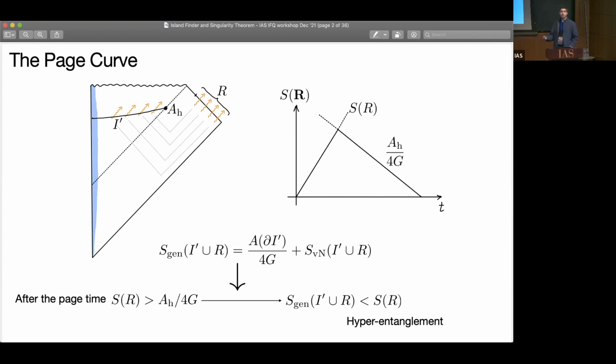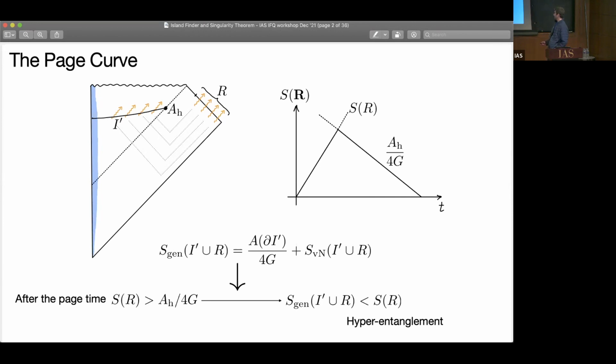Now, one way to state what's happening here is that after the Page time, the interior of the black hole, region I prime, has entanglement in the semi-classical state with the radiation that exceeds the area of its boundary divided by 4G. When that happens for region I prime, I call the region hyperentangled. A convenient way to express the hyperentanglement condition is in terms of the generalized entropy.